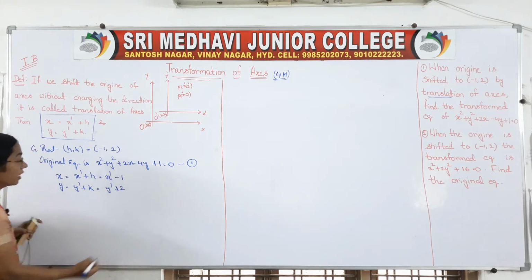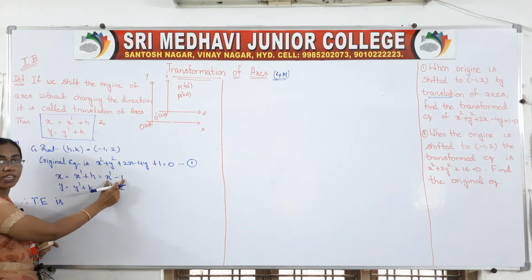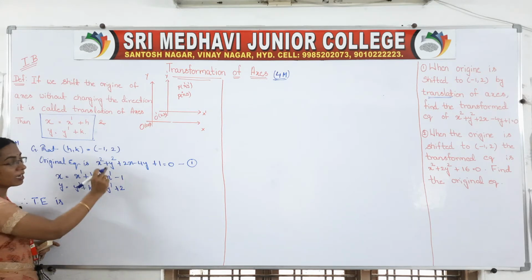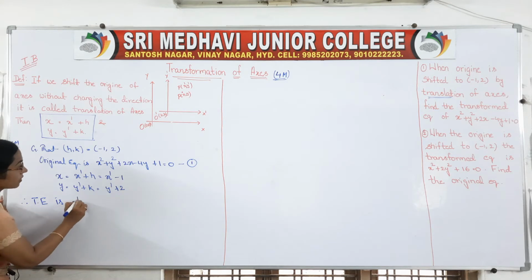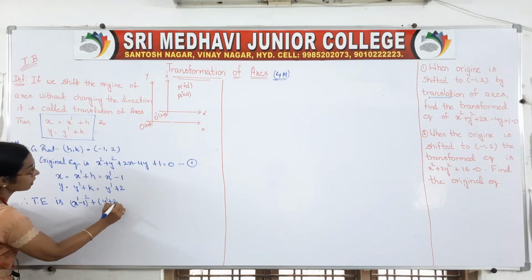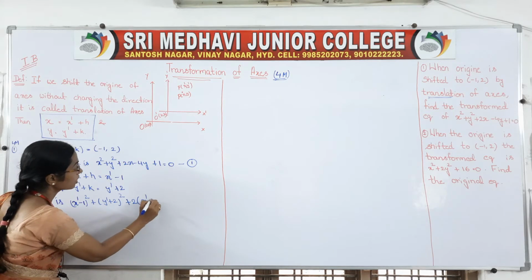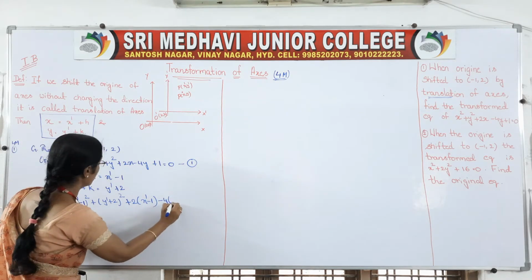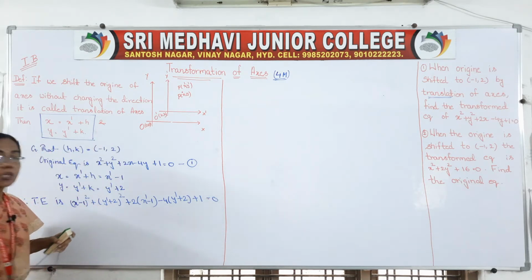So y dash, what is your k? Plus 2. Therefore the transformed equation: wherever x is there, we have to take x dash minus 1, and wherever y is there, we have to take y dash plus 2. So (x dash minus 1) whole square plus (y dash plus 2) whole square plus 2 into (x dash minus 1) minus 4 into (y dash plus 2) plus 1 is equal to 0.